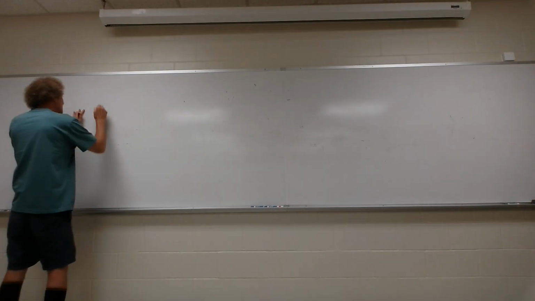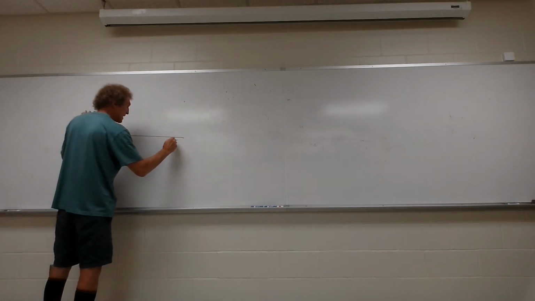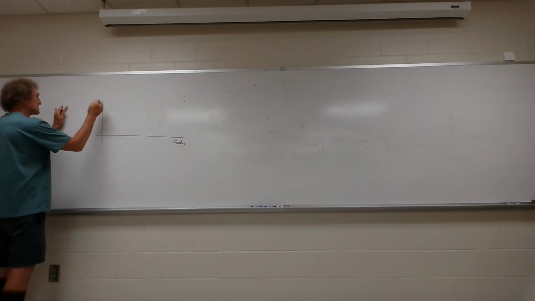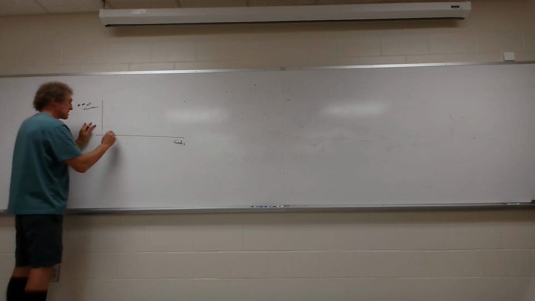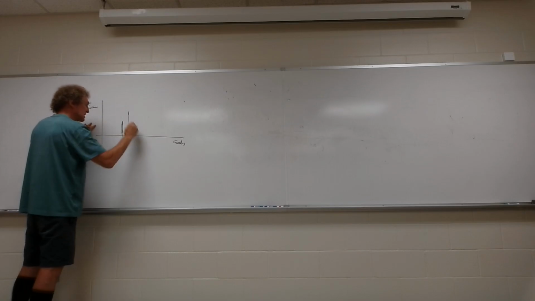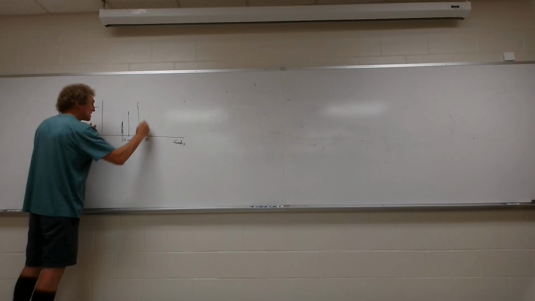So, if we take a look, we have something like this would be grades. You can just watch this, you don't need to write this down. And this is the number of occurrences. You get something like 50, 60, 70, 80, and you get the idea.